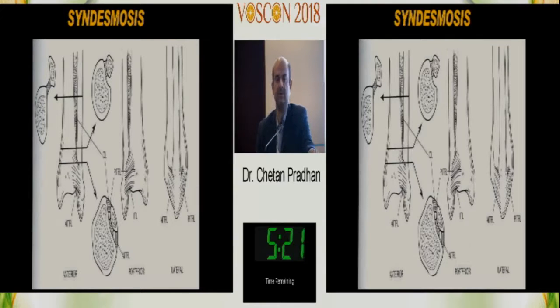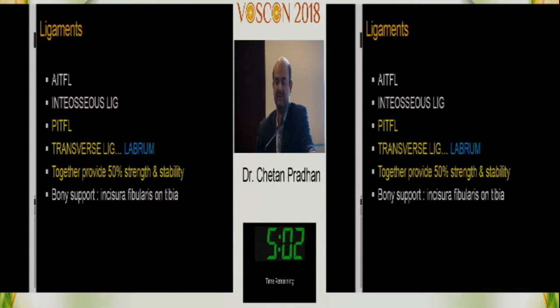All of us know the anatomy of syndesmosis and the fact that the stability depends on three ligaments, mainly the anterior and the posterior tibiofibular ligaments and the interosseous tibiofibular ligament. It is the posterior tibiofibular ligament which is more important, and just below that there is a fourth ligament which is the transverse ligament, which is nothing but a fibrocartilaginous condensation, something like a labrum in the shoulder.